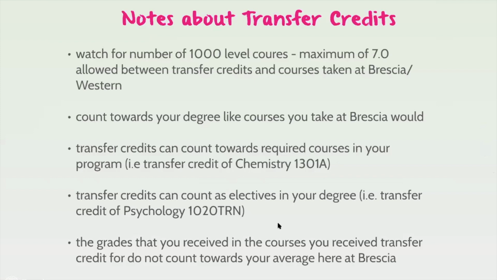The other way that they can count is as a general elective credit. So sometimes you may see transfer credits that have a TRN at the end, so something like psychology 1020 TRN. That means it's been assessed by the university as equivalent to a university course, but not necessarily anything specific that we offer. So it's still working as one of your electives, and it's a credit towards your degree, just not a specific course.